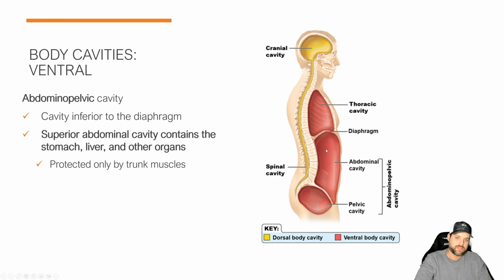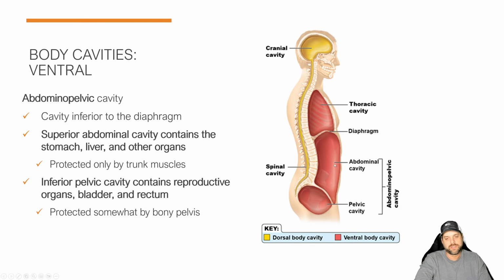It's got the stomach, liver, and some other organs. And then the pelvic cavity, which is inferior to that, contains reproductive organs like uterus in a female or testicles in a male, prostate gland in a male, bladder and rectum in both sexes.